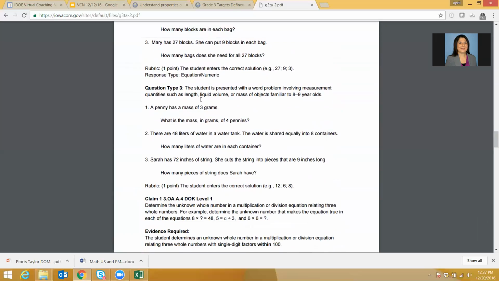So I might have multiple question types within one claim soliciting that evidence. It might take me multiple question types to find all the evidence to where I can really know if a student's proficient on that.